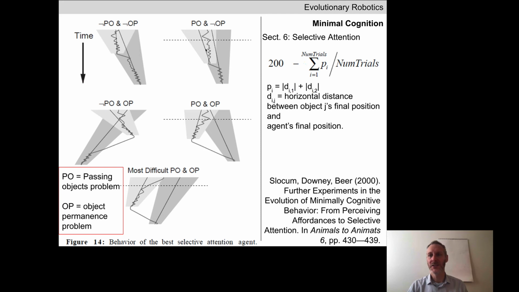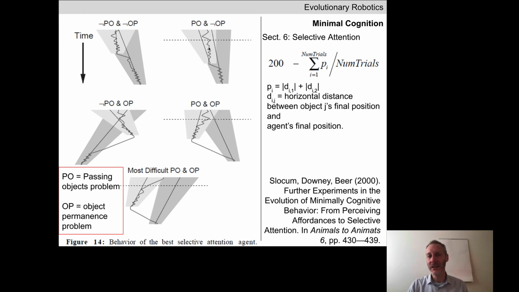I don't know about you, but I spend a significant part of my time doing this every day. In the case of the robot, it's moving slowly back and forth under both objects, trying to decide what to do, right? What's the next best thing that I should be focusing on? What's the thing that's most requiring of my attention at the current time?